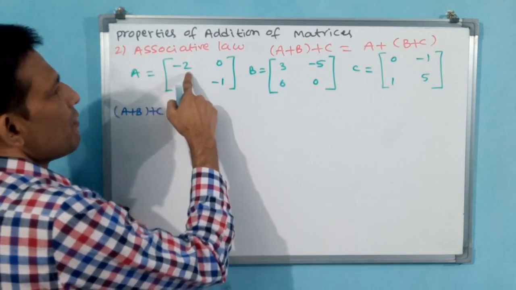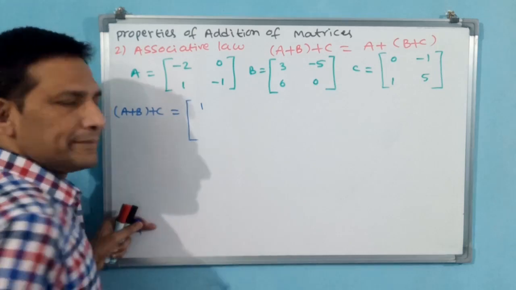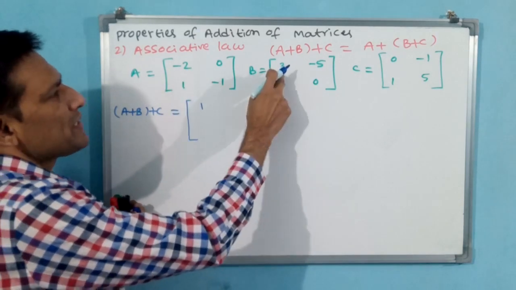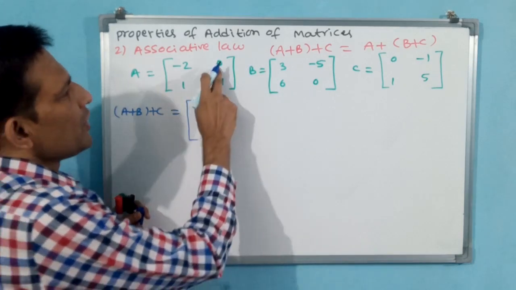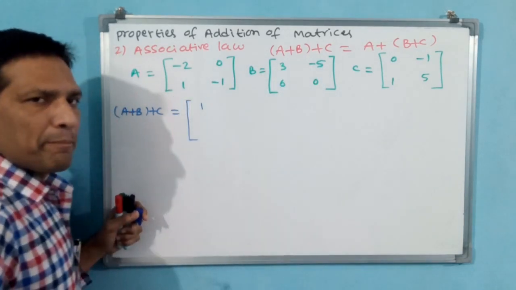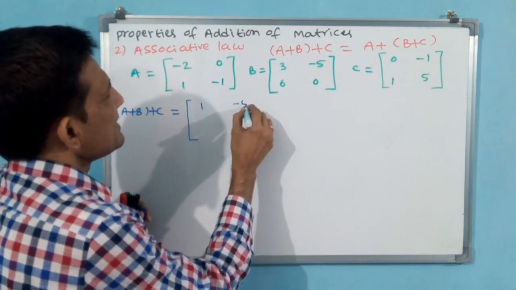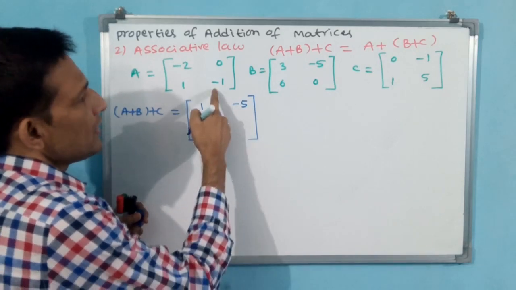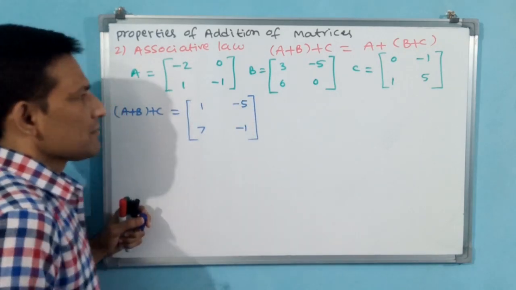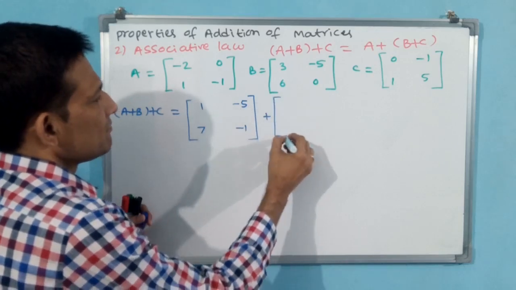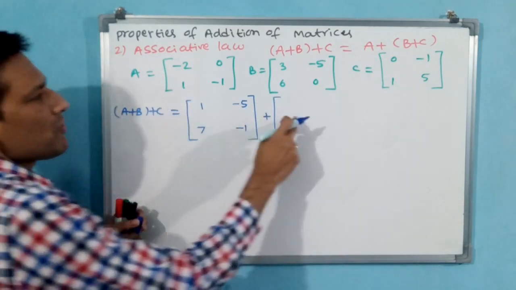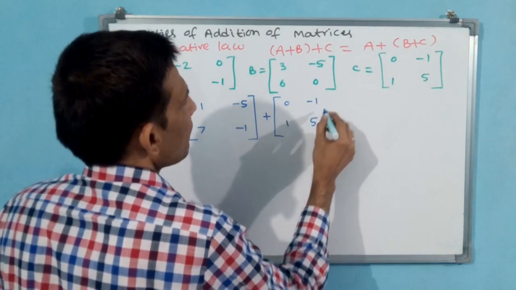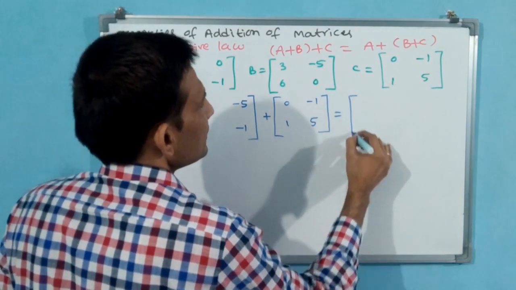A plus B: minus 2 plus 3, 1; 0 plus minus 5, minus 5 only; 1 plus 6 is 7; minus 1 plus 0, minus 1. Okay, plus. Now A plus B has come, C you have to add, C is this one, 0, minus 1, 1, 5. That is equal to.